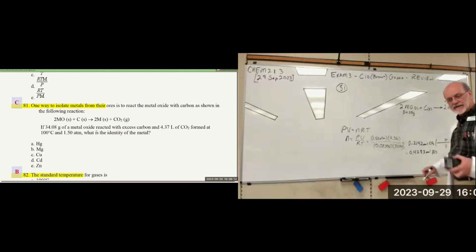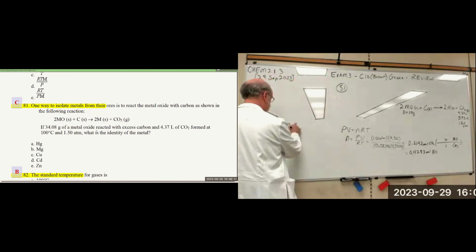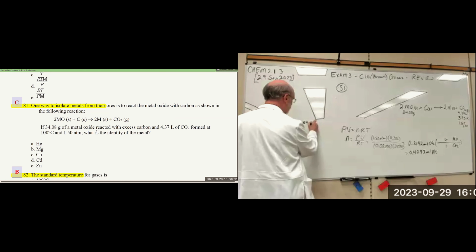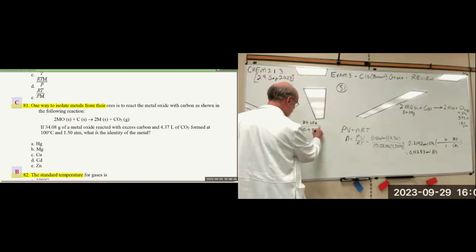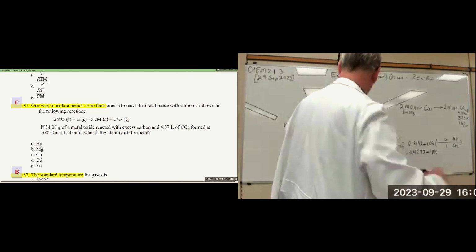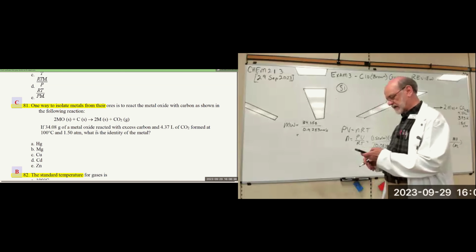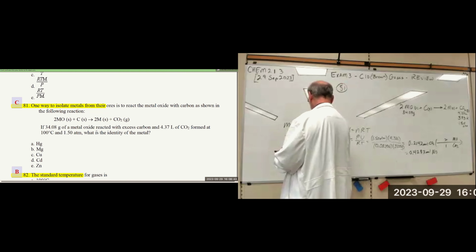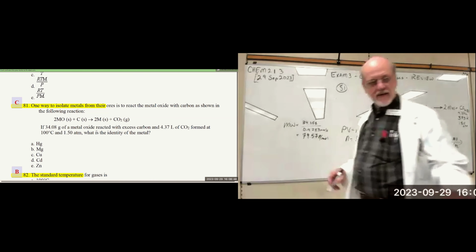All right, so we can do the molar mass of MO, which is grams, 34.08 grams per 0.4283 moles. All right, so let's do that calculation. 34.08, flip it and divide. 79.57 grams per mole.